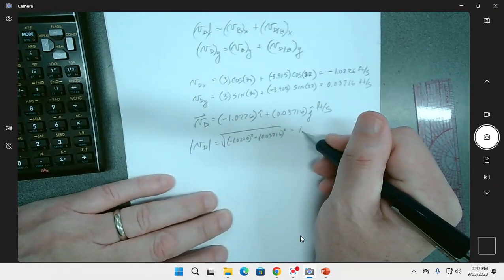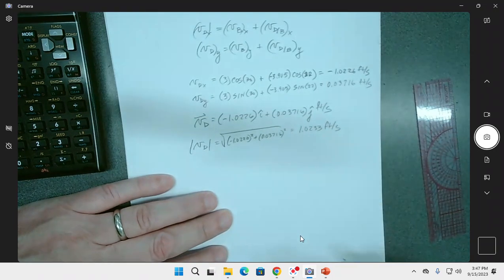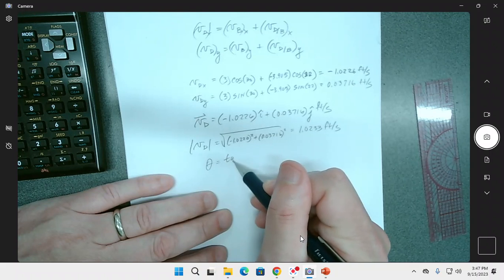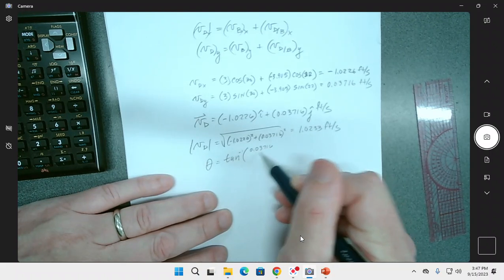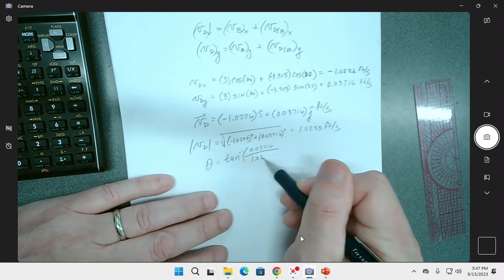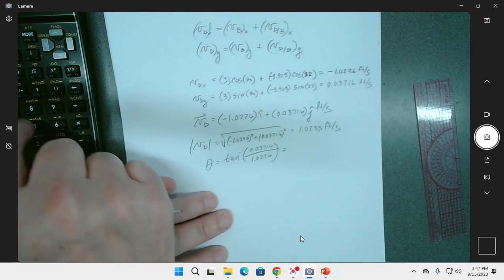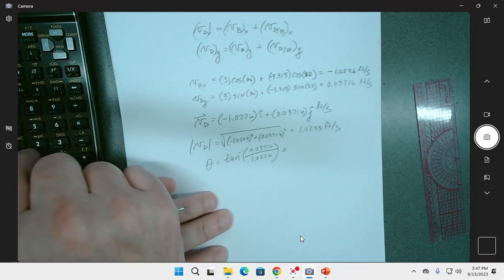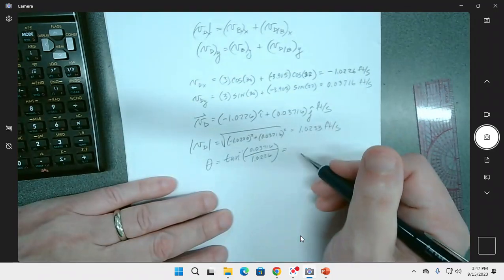So we got 1.0233 feet per second is what we're predicting, and then the angle of this should be the inverse tan of 0.03716 over 1.0226.